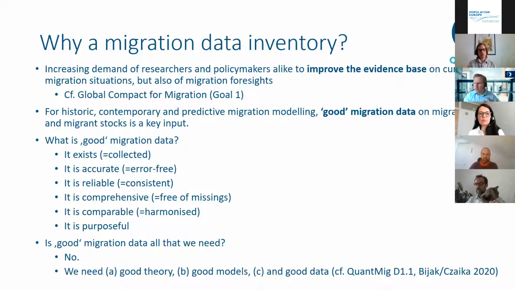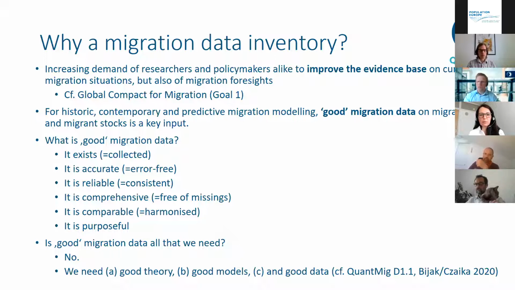The Global Compact for Migration is also asking for better migration data, better statistics, etc. So we respond in a way to this call. For historic and contemporary, and in particular what this project is aiming for, predicting or forecasting migration, obviously good migration data, not just any migration data, is a key input.